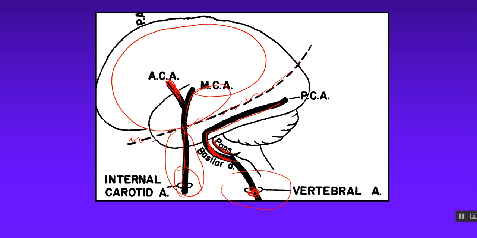There's two posterior cerebral arteries. They go back to supply the back and underneath surface of the cerebrum, a small percentage of the cerebrum. But all of this, the vertebral and basilar arteries, they supply the cerebellum and the brainstem and the upper part of the spinal cord. Okay? Actually, they supply most of the spinal cord, not just the upper part.